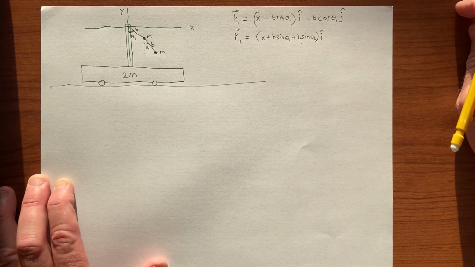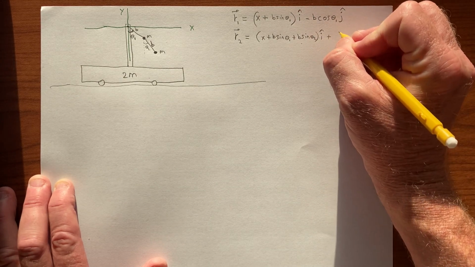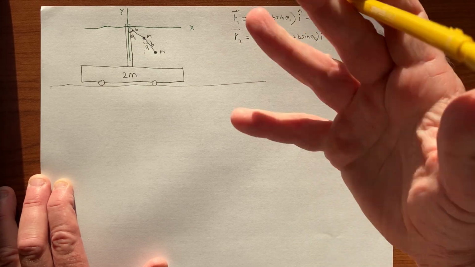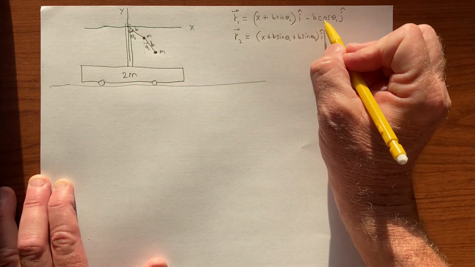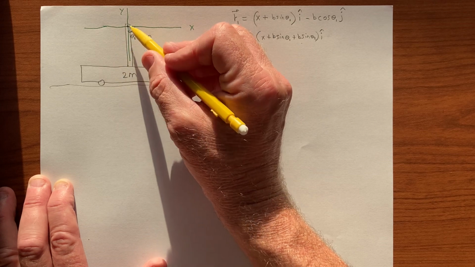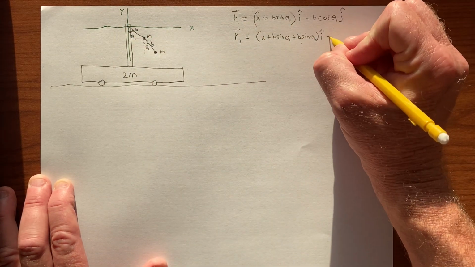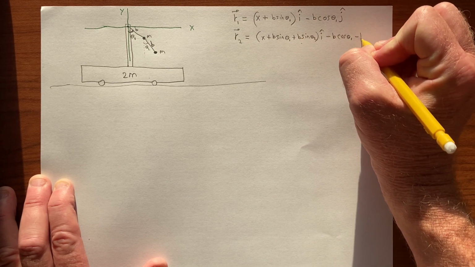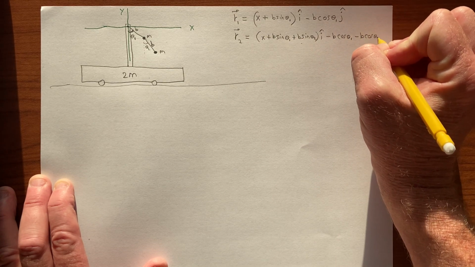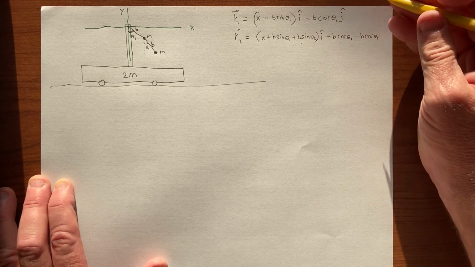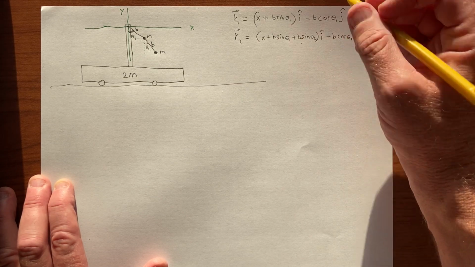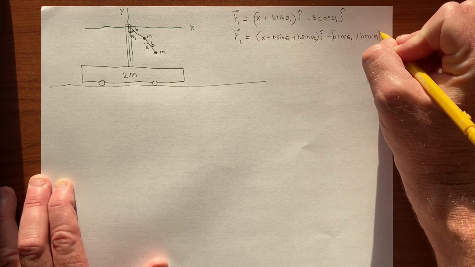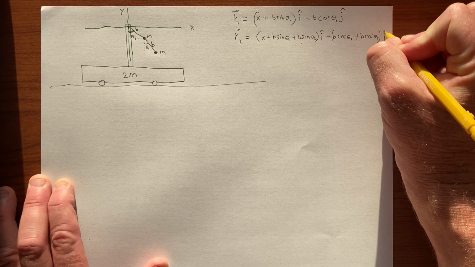And the y component is, they're both negative, right? Because we're adding to this, we're adding that, but they're both below the origin. So we have minus b cosine theta 1 minus b cosine theta 2. Maybe we can write this as minus this plus that, so that we can put in a j hat.